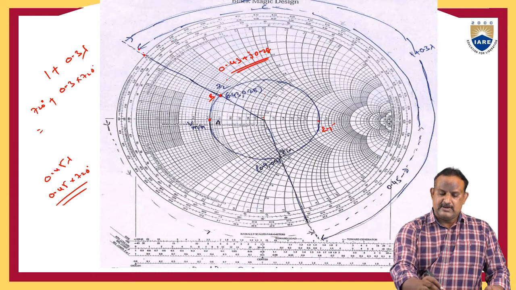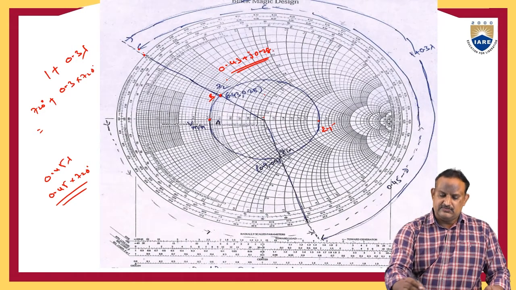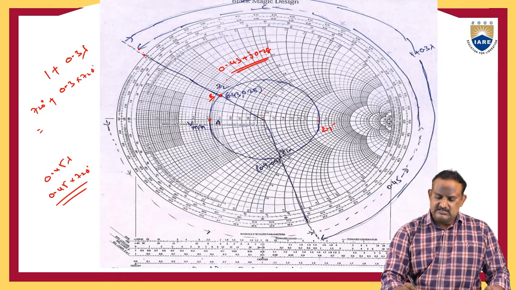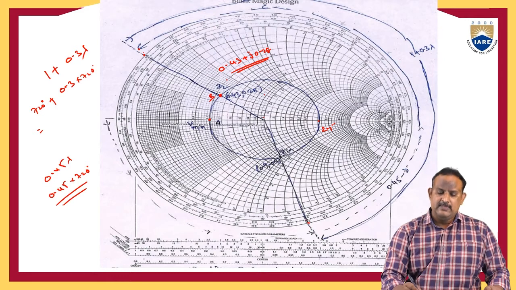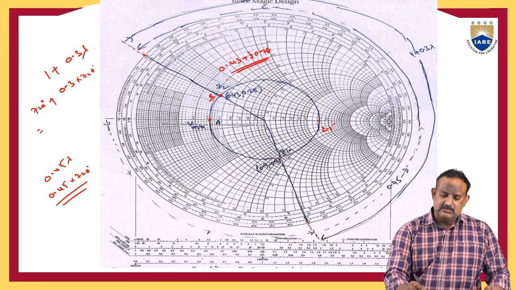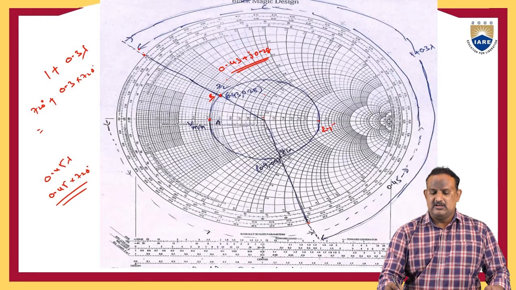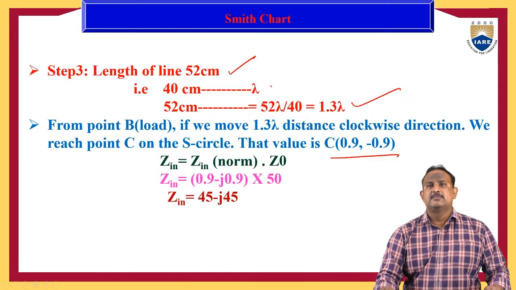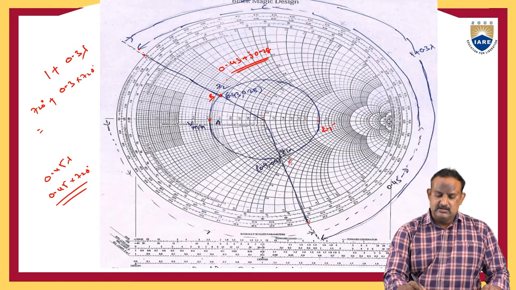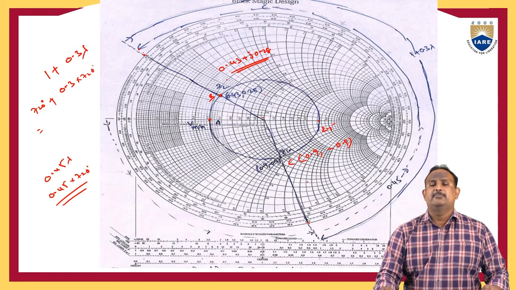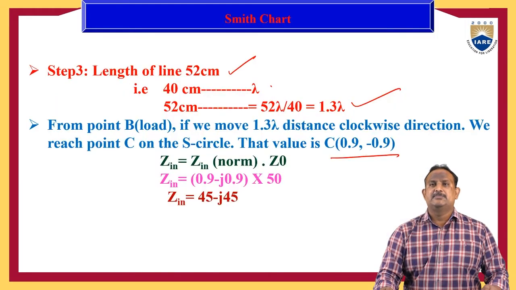If we move that 0.3 lambda in the clockwise direction, we can reach this point here. If you extend a line from the origin towards the outer rim, it touches the SWR circle at a particular point. Let us assume that point as C, the input impedance. The coordinates of the point C are 0.9 minus j0.9.